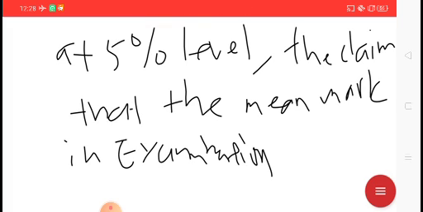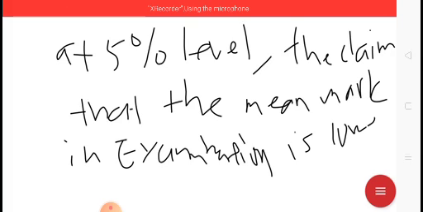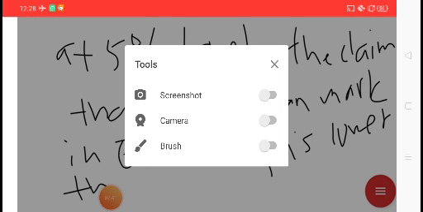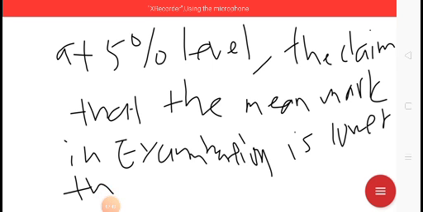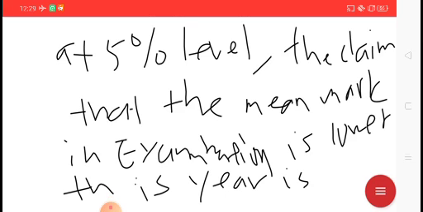Okay, is lower this year is supported. Okay, supported.